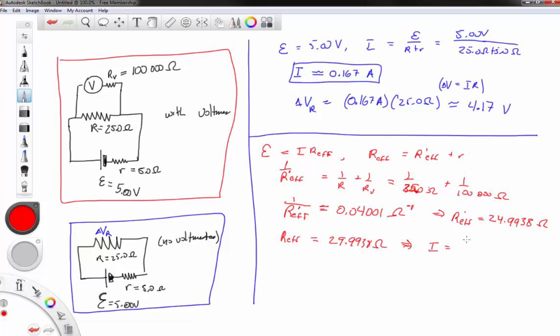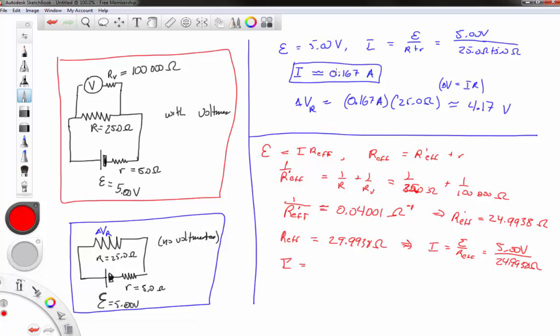Okay, that means that you can now find what the current is. It is in fact I equals epsilon over R effective, which is 5.00 volts divided by 29.9938 ohms. And so the current that's drawn by this new circuit is going to be about 0.16670.